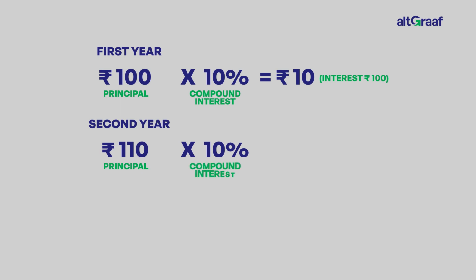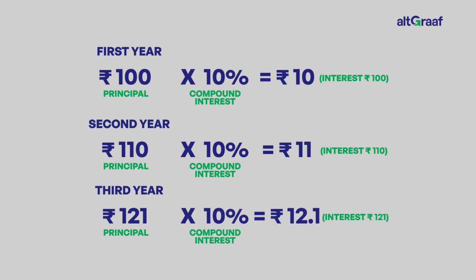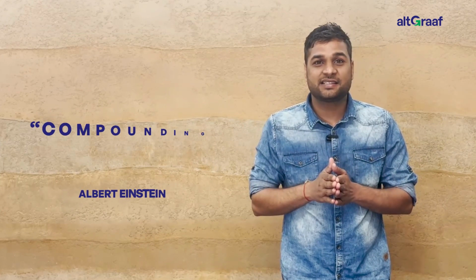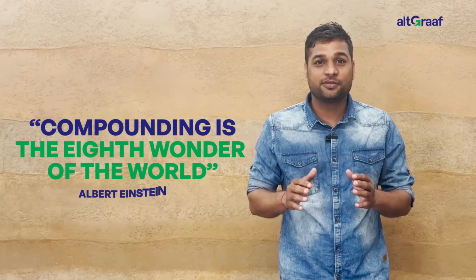So in the second year, you will make 10% of ₹110, that's ₹11. Similarly, in the third year, your principal amount is ₹121 and your interest will be ₹12.10. Do you see how your money gets multiplied every year? That's compound interest for you. That's the reason Einstein says that compounding is the 8th wonder in the world. It truly compounds your wealth.